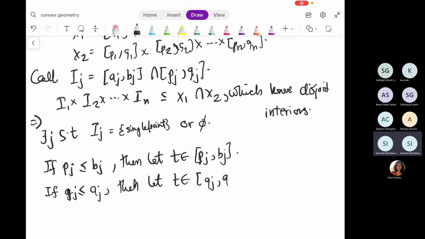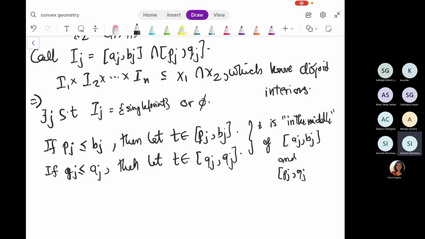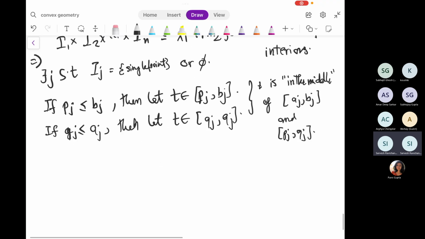So depending upon which interval is to the left and which is to the right, you put T right in the middle of those two intervals. So think of it as T is in the middle of these two intervals, Aj, Bj and Pj, Qj. So that is the sort of geometric picture that you should have in your mind when you think of where T is exactly located.